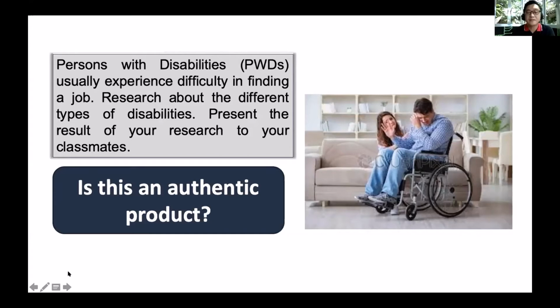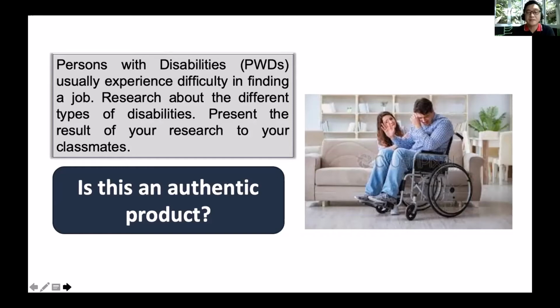For us to be able to answer whether or not this is an authentic product, let's look at the definition of authentic product again. Sometimes we may better understand what something is by finding out what it isn't. So let's talk about when a product is not authentic, so we'll better understand when it becomes authentic.